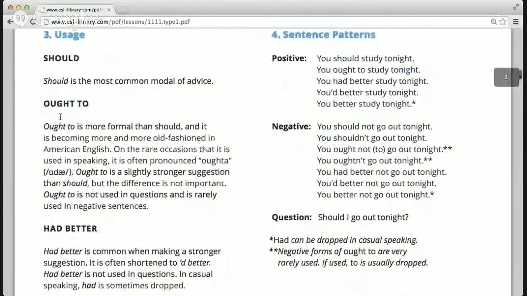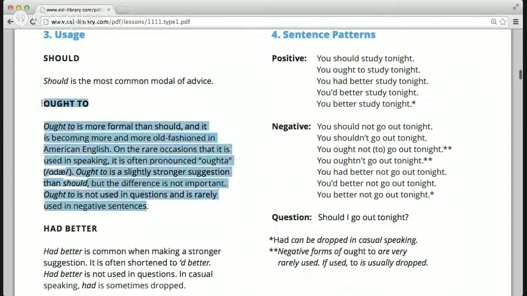All right. So Salvatore, let me have you read usage 3, should and then the paragraph under ought to, down to here, please. Should is the most common modal of advice. Ought to is more formal than should, and it is becoming more and more old-fashioned in American English.